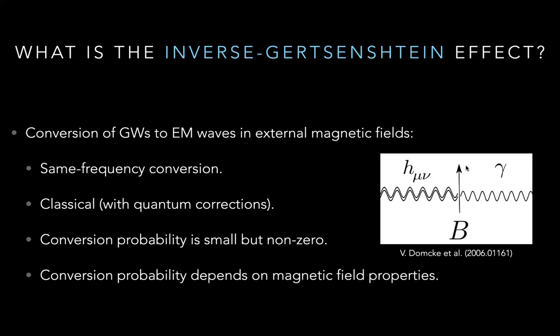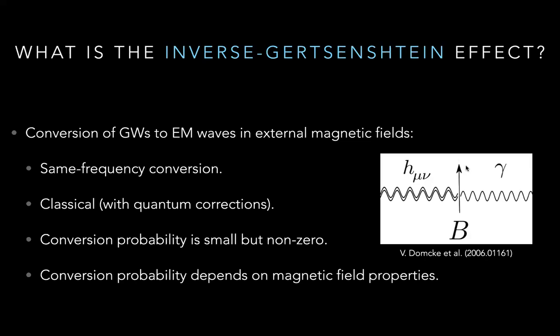And this conversion carries a small probability. It's not zero, but it's very small. And the conversion probability depends on what you assume the magnetic field to be, its strength, its correlation length. It does not really depend on the incoming gravitational wave property, as long as you have a non-zero gravitational wave strain coming into the field.